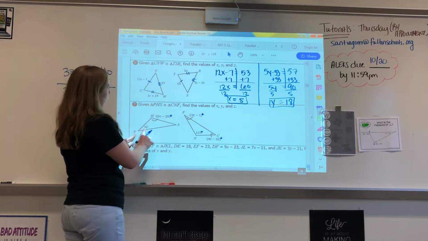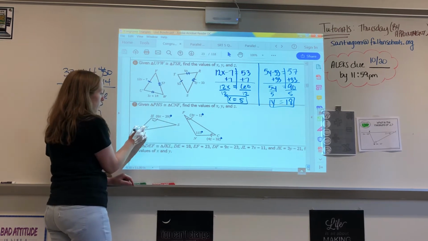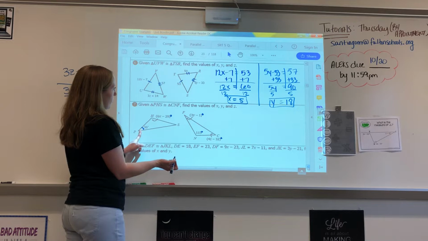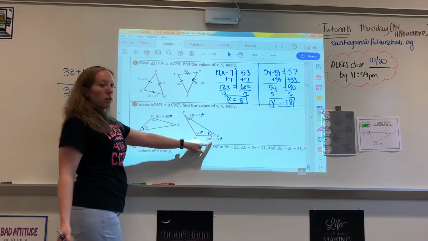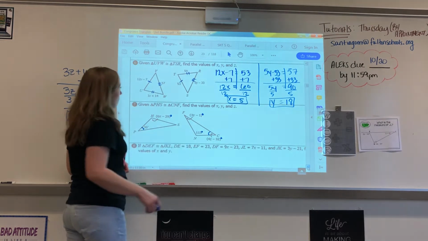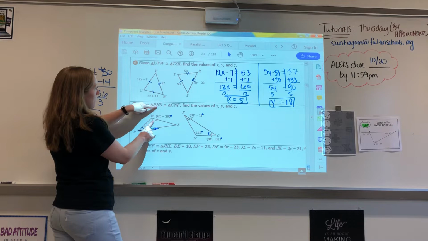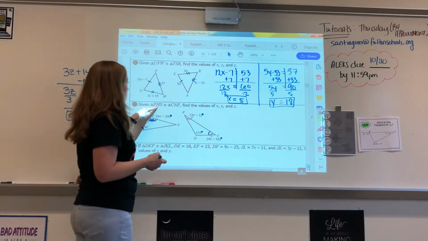If I look at angle P, P is the first letter of the other is C. So I'm going to use one congruency line for 36 degrees, one congruency line for angle C. So I know that these are congruent, okay? Again, H is the middle. I'm going to use two congruency lines to differentiate.